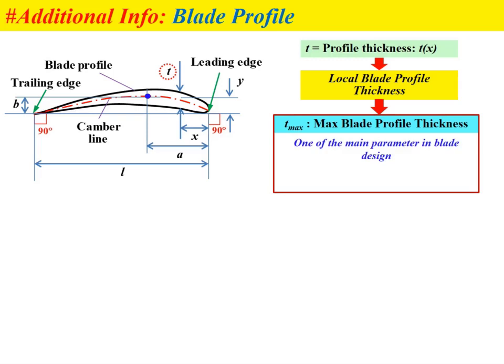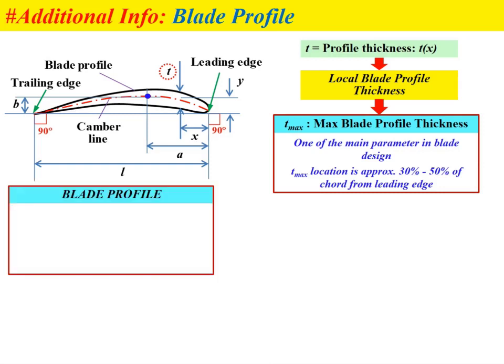We consider it one of the main parameters in blade design, and normally the location of the maximum blade thickness is approximately 30% to 50% of the chord length from the leading edge. Normally this value depends on the blade design requirement and on the application of the machine that uses that kind of blade.